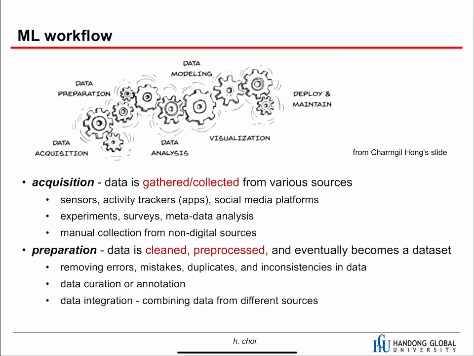Sometimes we have missing values in our data samples, like when we get one sample and some features are missing. In that case, we can delete that sample, or we can do something about the missing values.